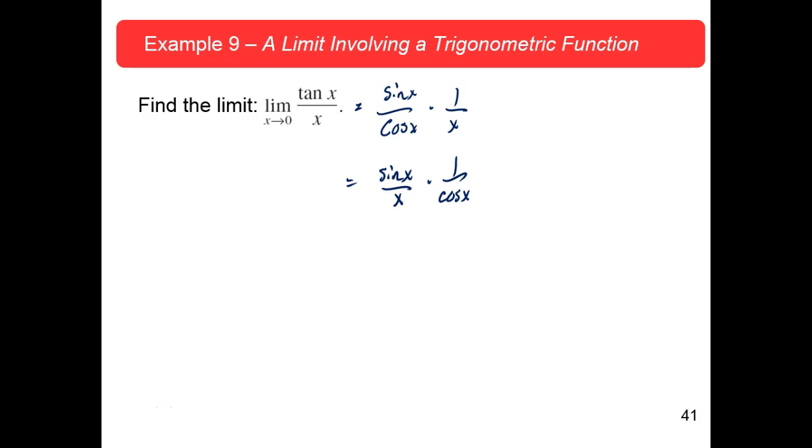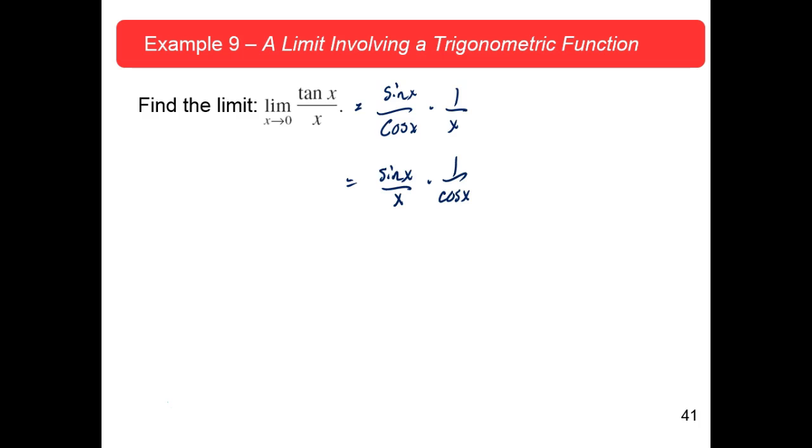And what's cosine x when x is approaching 0? Who are your trig teachers? Okay. What's cosine x as x approaches 0? It's cosine of 0.